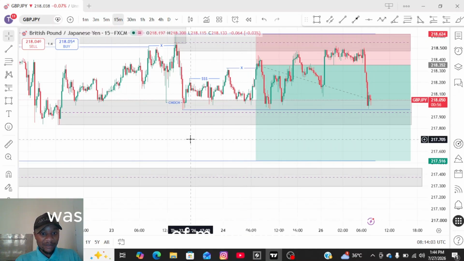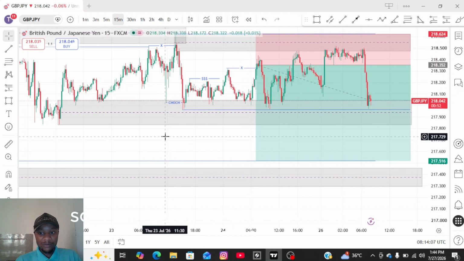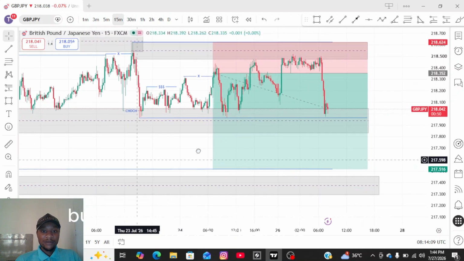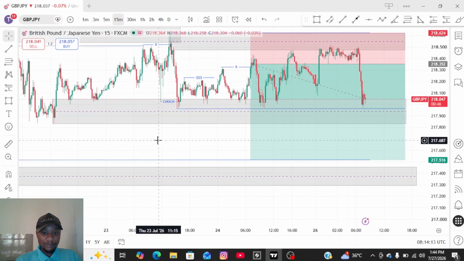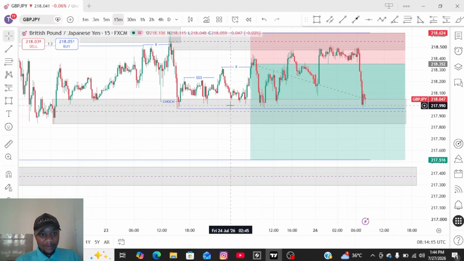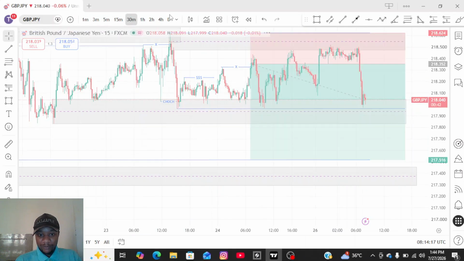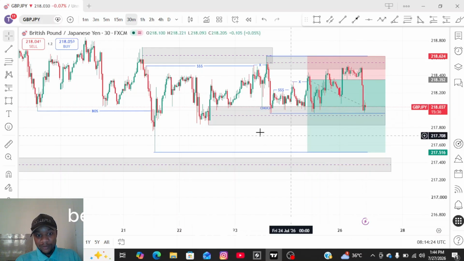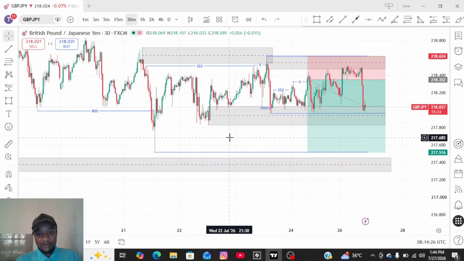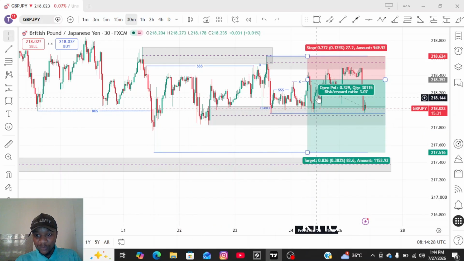Friday, the market doesn't have a lot of momentum, so it just goes up and down. But now we can clearly see that the market clearly is bearish. So you have to trust your own strategy first, because if you don't trust your own strategy, these things will kind of scare you.